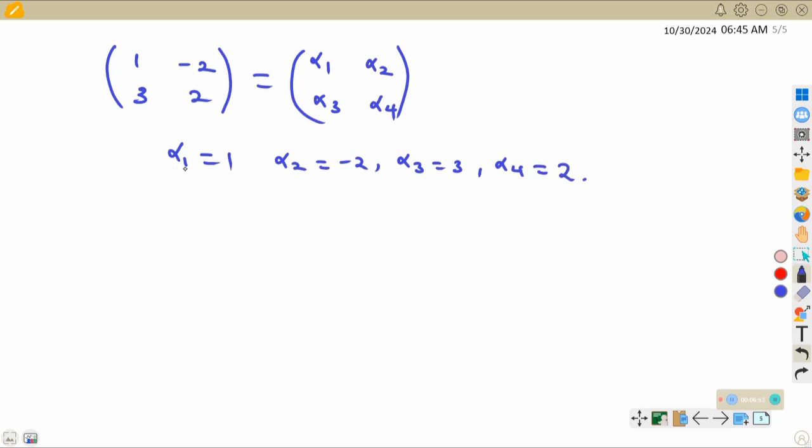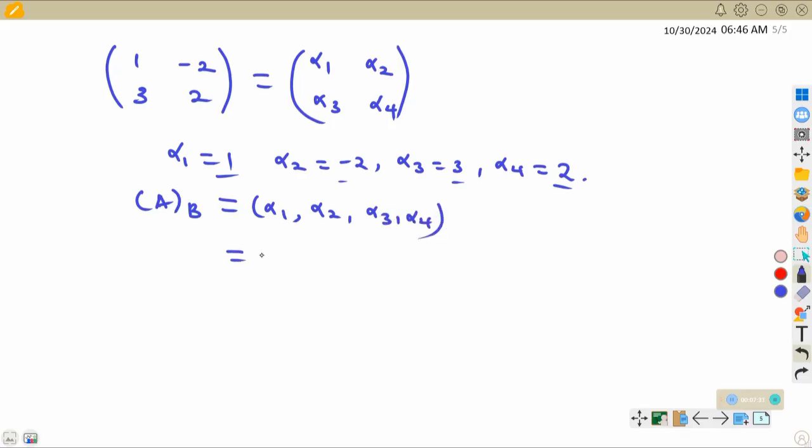So from there, we need the coordinate vector of A relative to the basis B. For that case, you look at how A is written as a linear combination of the matrices in B. So the coordinate vector of A relative to B will simply become your scalars, which are alpha 1, alpha 2, alpha 3, and alpha 4.